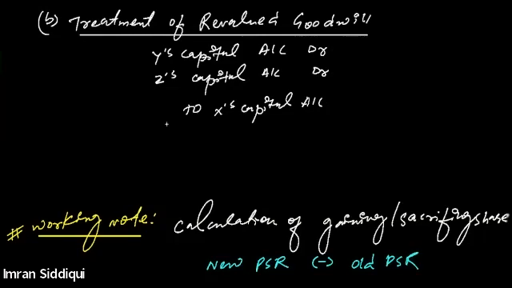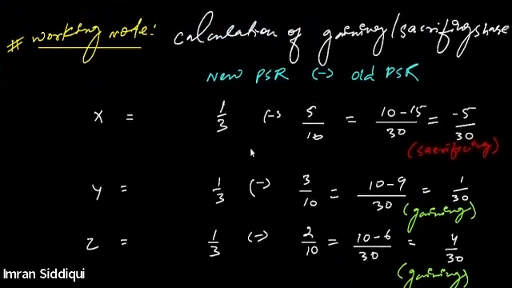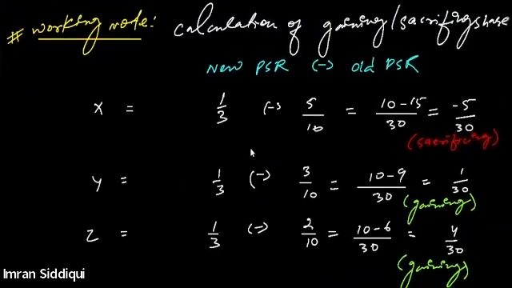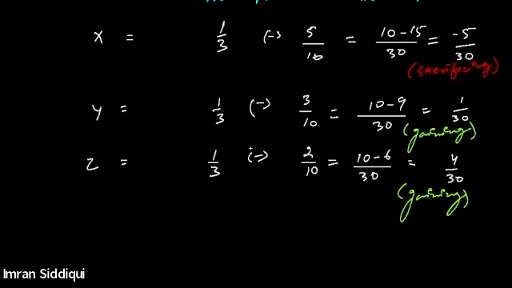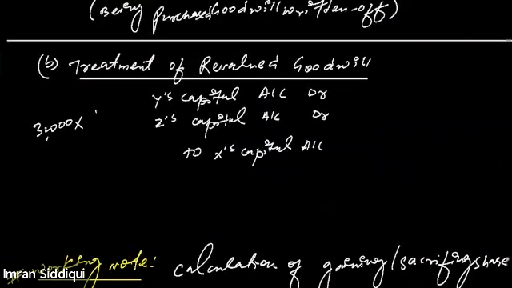So the gaining share for Z was 4/30. 4/30 means 4,000 for Z, right?